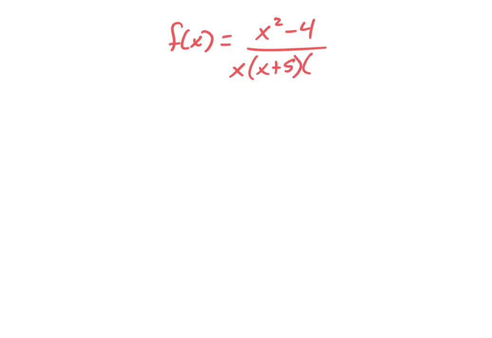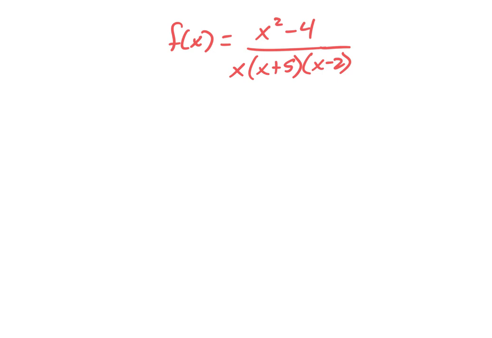Okay. Let me give you another one here, and this one is a little bit different. They're all a little bit different. X squared minus 4 on top. Okay, the bottom's already in factored form, so that's the good news, it's already been factored out.